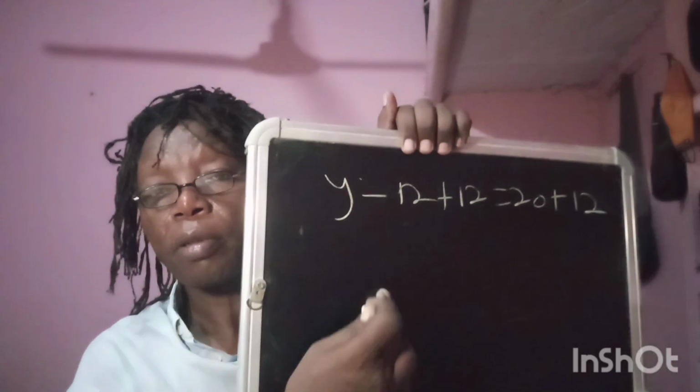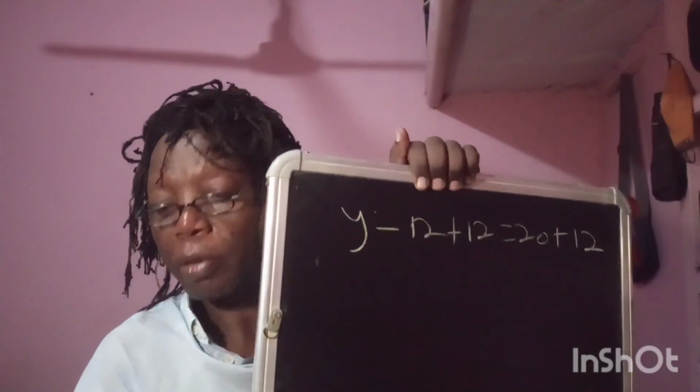However, we have to preserve the balance, so we have to do it to both sides. That's what we did. I wrote y minus 12 plus 12 is equal to 20 plus 12. We have to isolate this, and that's exactly what we did.